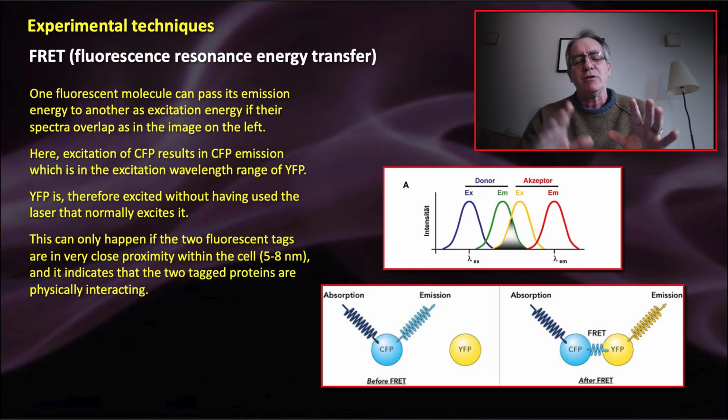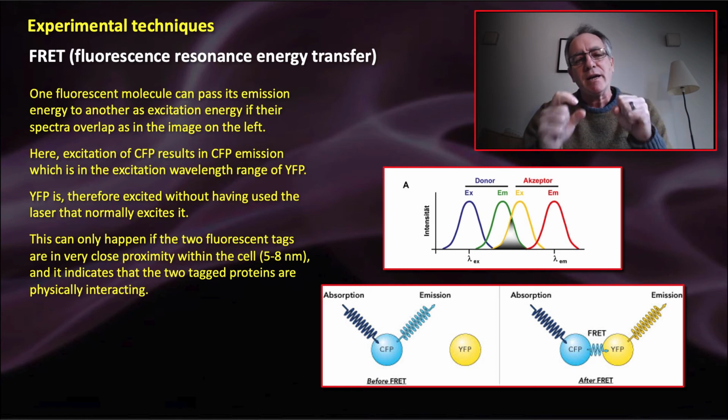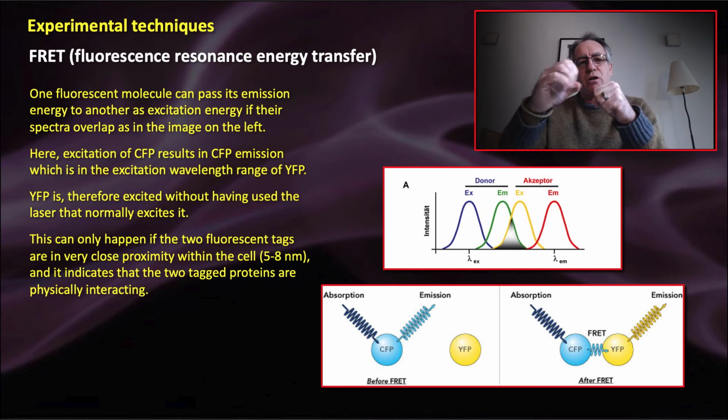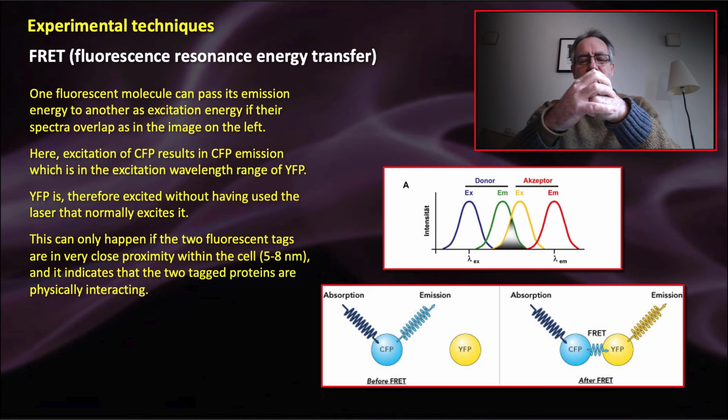So here's my little scenario. All of the billions of proteins that are floating around inside of a cell are like this. They get close to each other, but not that close. They only get close enough for FRET to work if they physically interact. They occupy the same space. So that's two proteins interacting with each other.